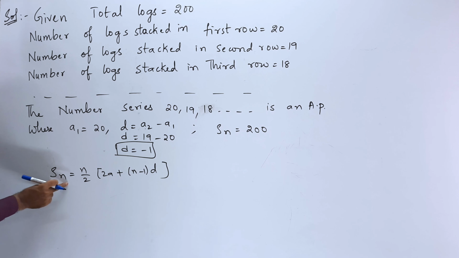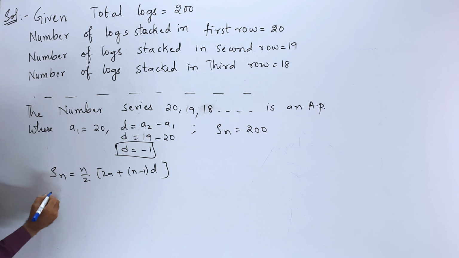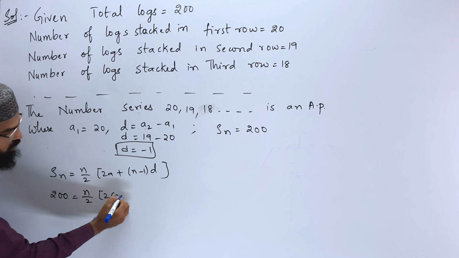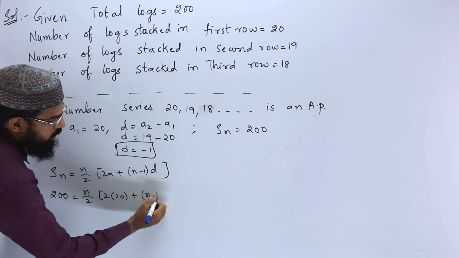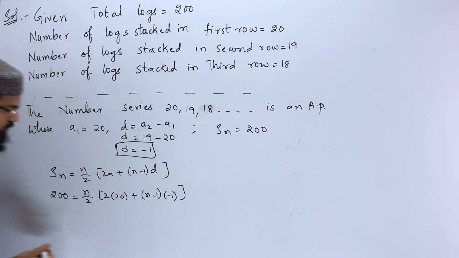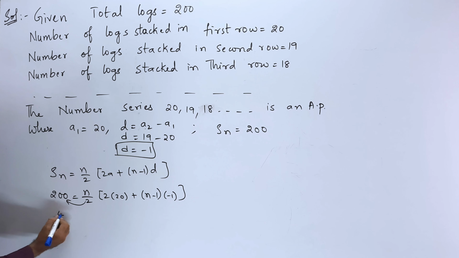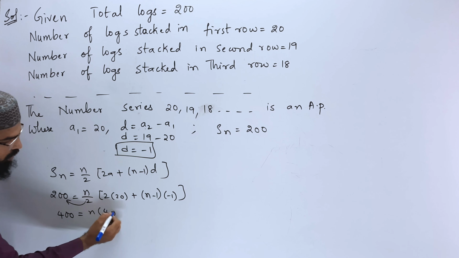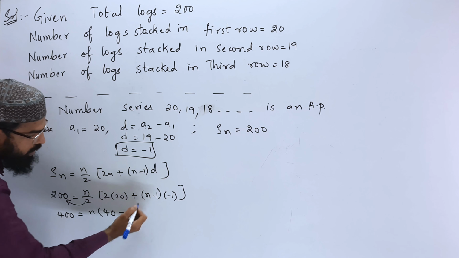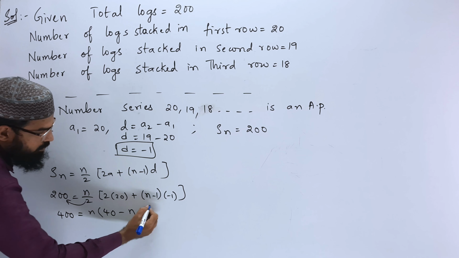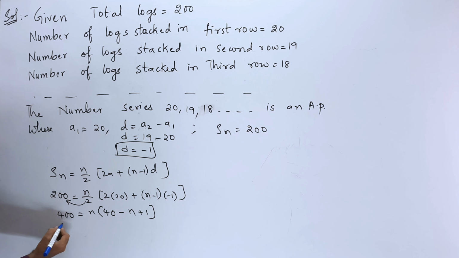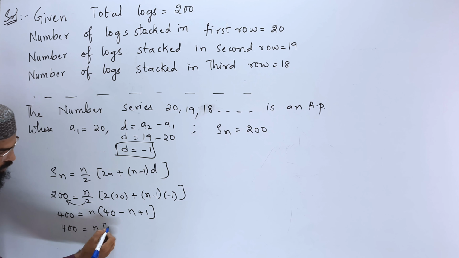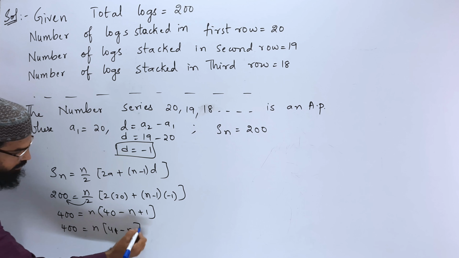As we know the Sn, the sum of all logs, is 200, we can write 200 is equal to n by 2 times (2a, a is 20, plus (n minus 1) into d, d is minus 1). 2 into 200, that is 400, is equal to n into (40 plus (n minus 1) into minus 1), which is 40 plus 1, that is 41, minus n.